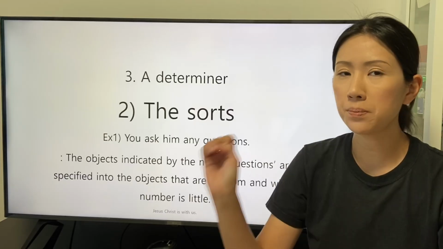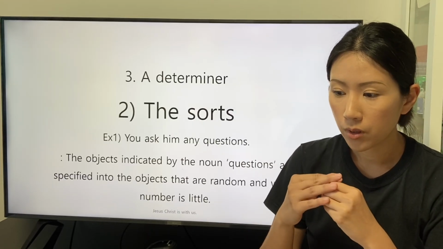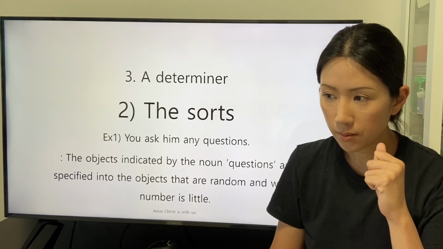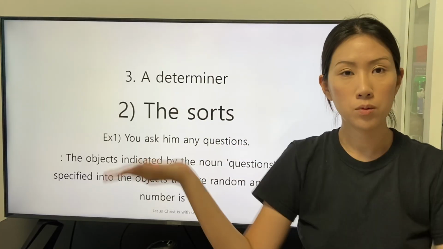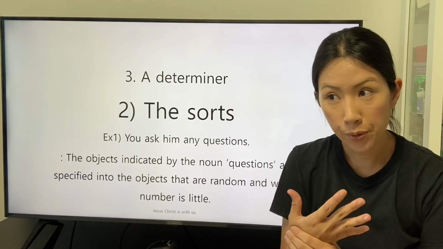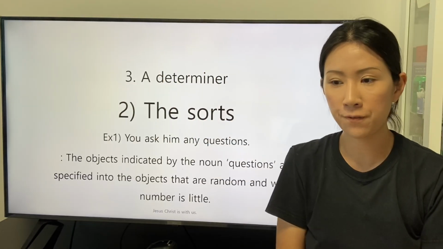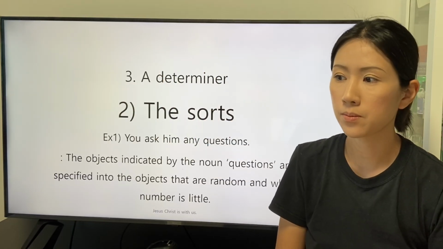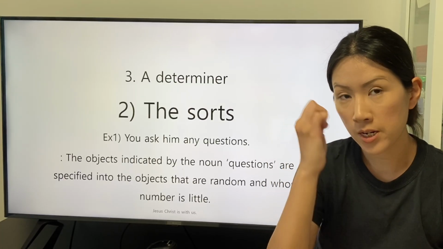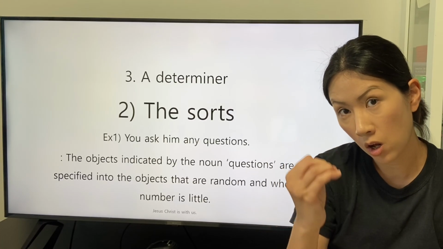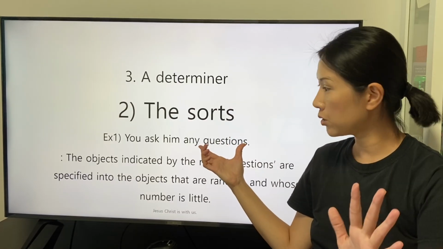The speaker who applies the determiner some sets the prior premise, that is the bigger range of the predetermination for the range of the object indicated by the general noun question.